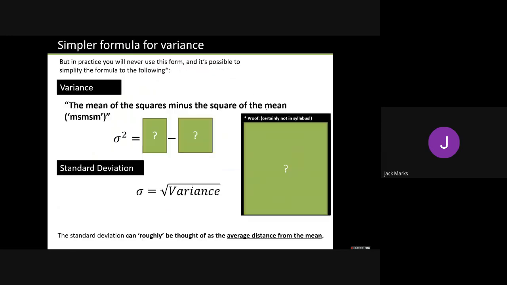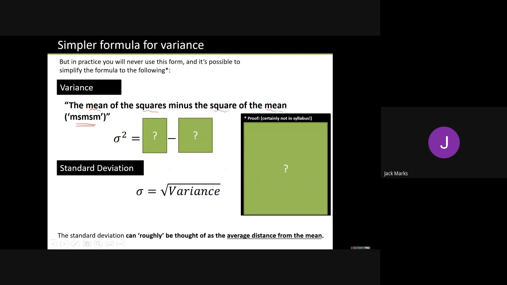However, it's more common and you'll often use this in a different form. So again, variance, and we like to use this as a little mnemonic as a clue to help us remember the formula. So MSM, SM. And you're going to see lots of the same kind of words being used here.